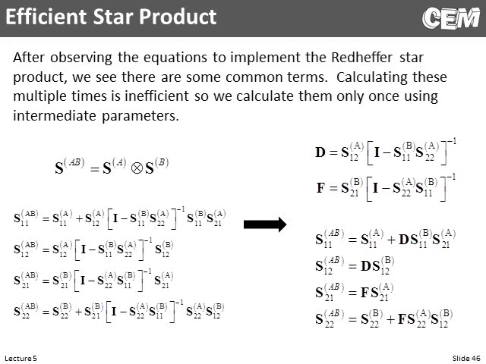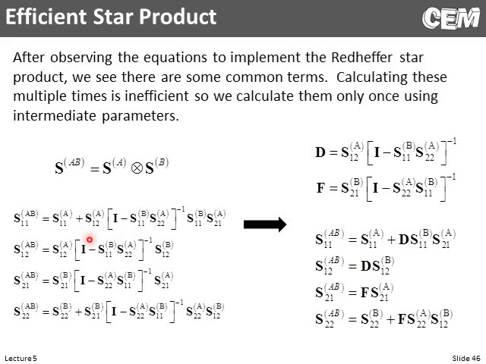Let's talk about an efficient star product. This isn't such a big deal for transfer matrix method, but the size of these scattering matrices is going to grow a lot when we get to higher order methods like rigorous coupled wave analysis and method of lines. So this scattering matrix calculation, as simple as it looks, is actually going to be pretty time consuming. And right away we can see some redundant calculations.